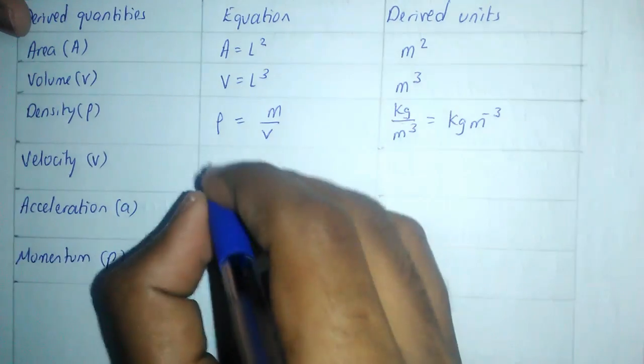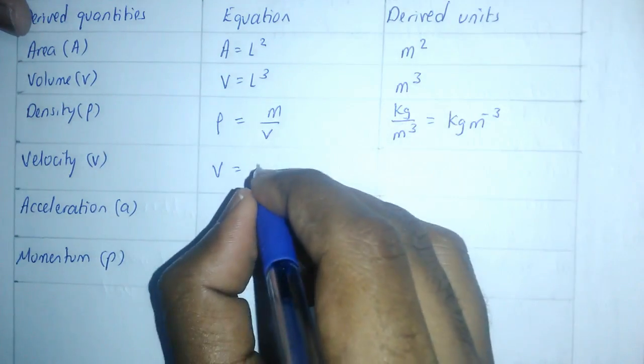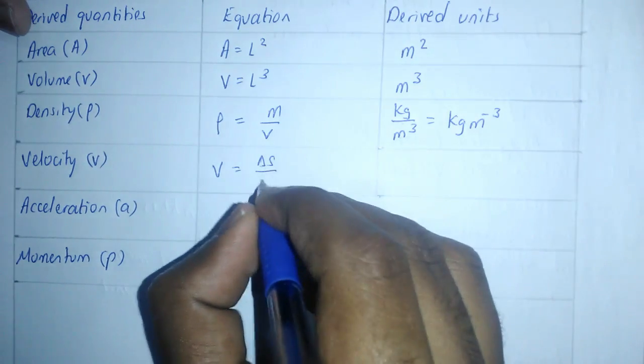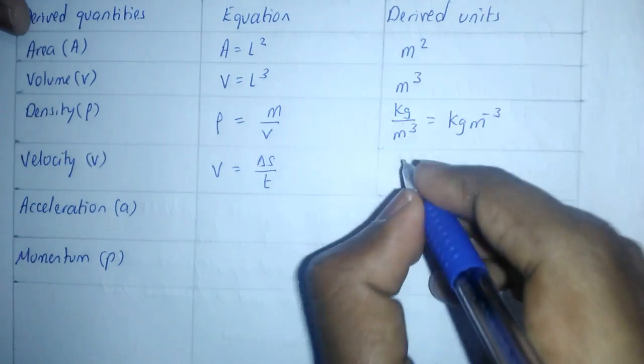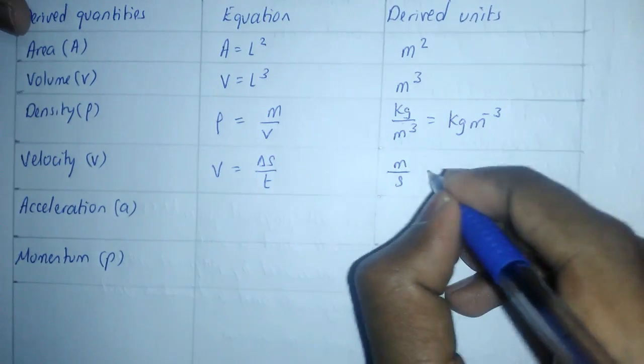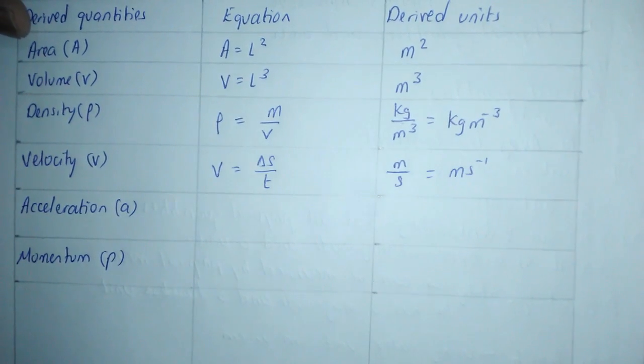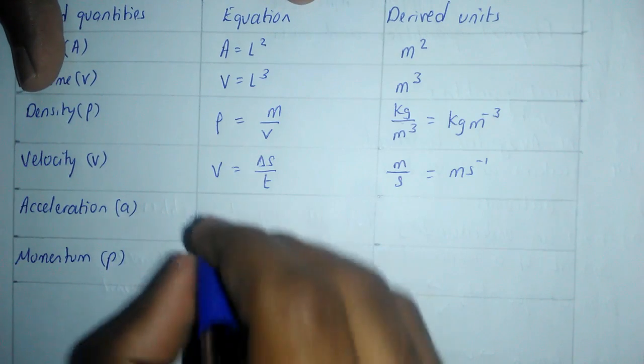Now velocity is change in displacement divided by time. Displacement, the unit is meter, and time, the unit is second. So in exponential form, this is meters per second. Now let's talk about acceleration.